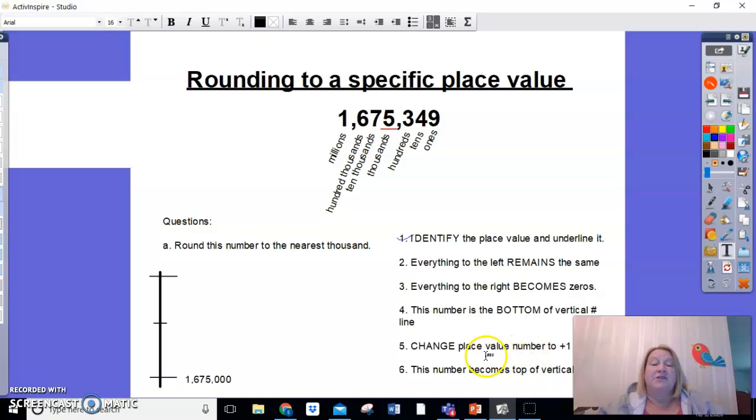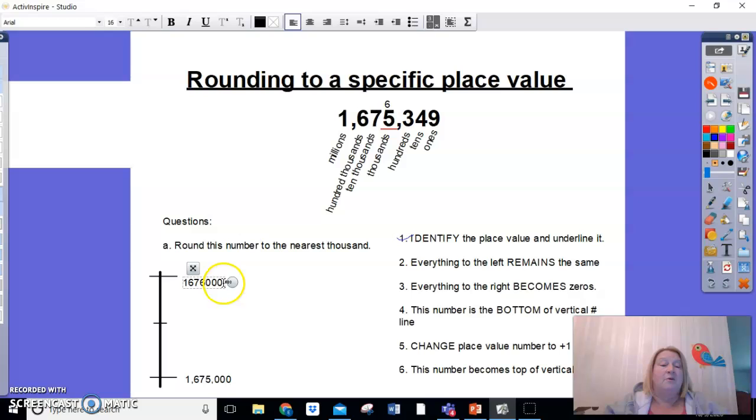Now, how do I do the top of my number line? I'm going to change the place value number to +1. So I'm going to go back to my place value number that's underlined. It's a 5. I'm going to change that to +1. So if I change that to +1, I'm going to change it up here to a 6. So now I can fill out my number here, and it's going to be 1, 6, 7, 6, 0, 0, 0.